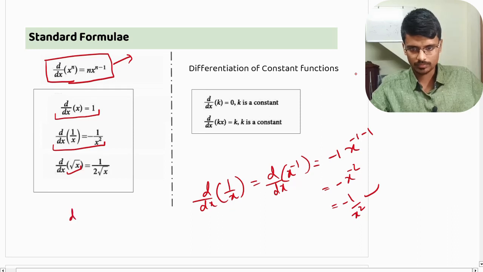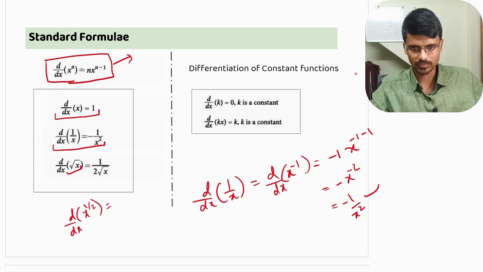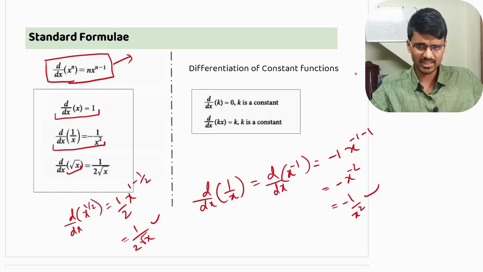Here d by dx of x power 1 by 2: again I'll apply the formula, 1 by 2 x power 1 minus 1 by 2. This will give me 1 by 2 root x. I'll just check this out and tell you for what n this formula is applicable.